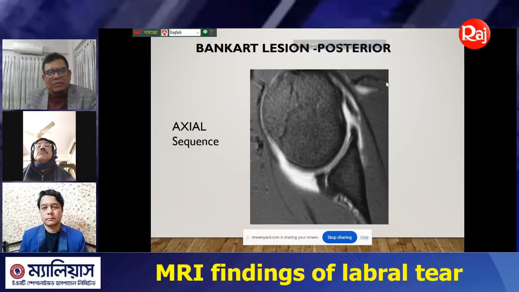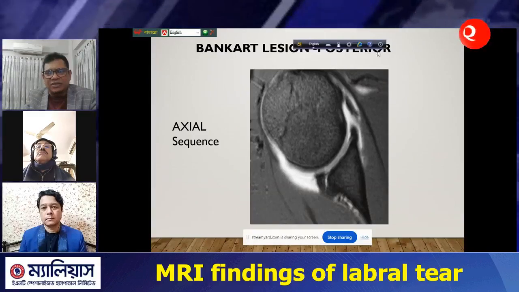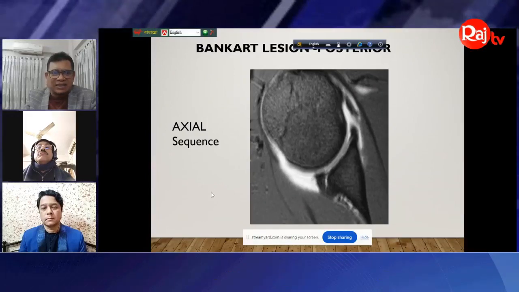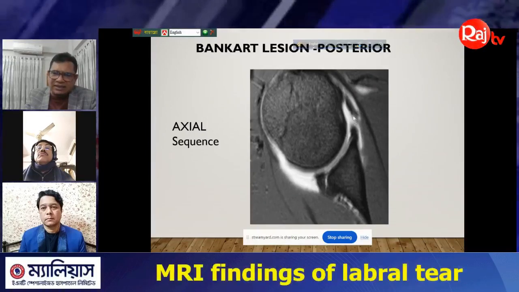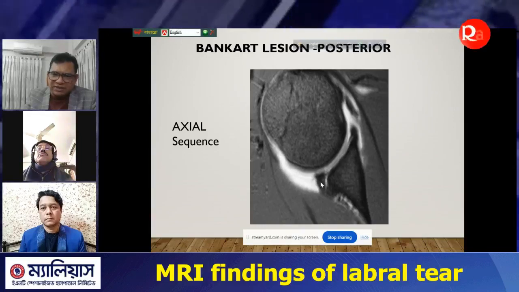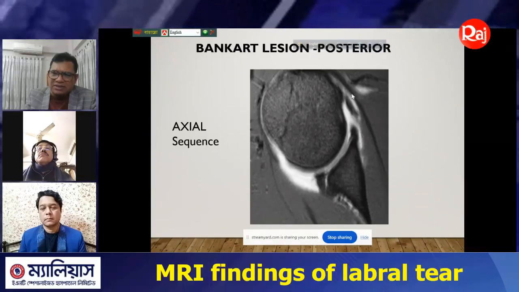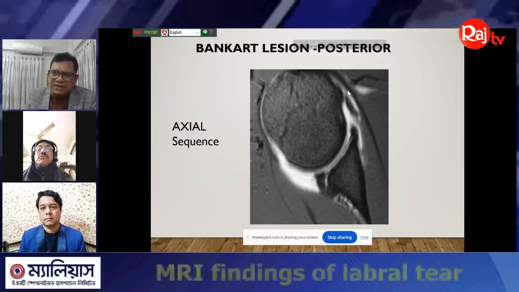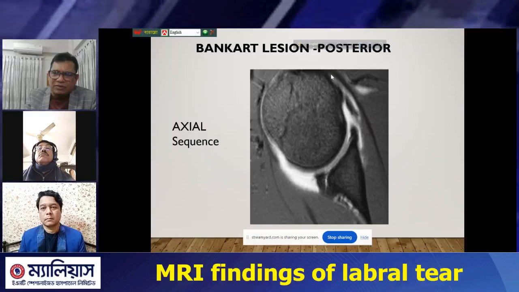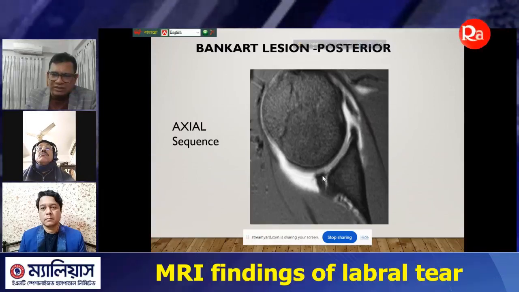And now we come to the posterior Bankart lesion, or the reverse Bankart lesion. In a case of reverse Bankart lesion, this is the anterior labrum, this is the posterior labrum. This is the subscapularis tendon, the bicipital groove or biceps tendon, and this is the posterior labrum.